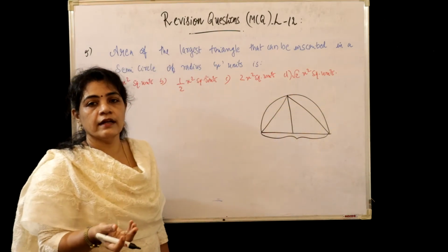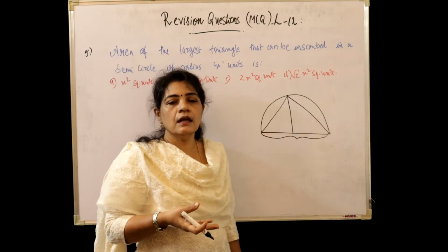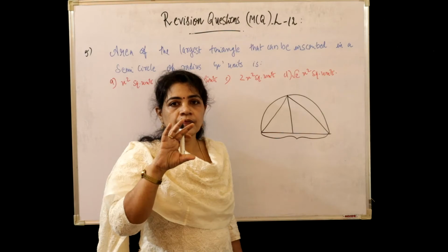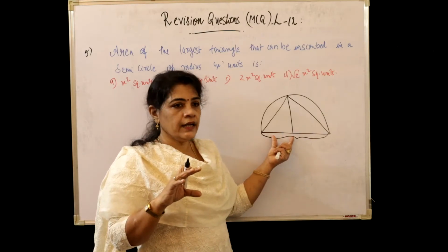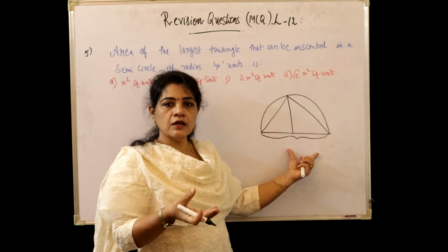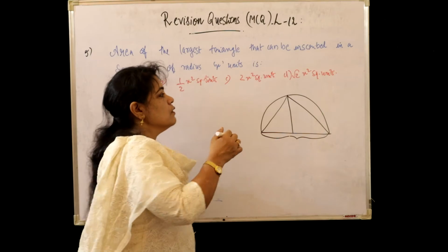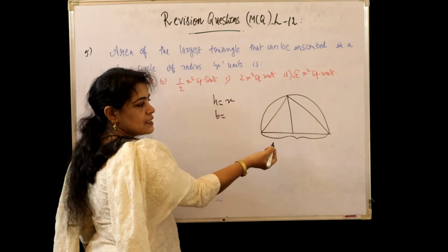For the equilateral triangle and the isosceles triangle, altitude is the median. So the median is half of 2r, that is r. Height is equal to r, and base is the diameter, 2r.